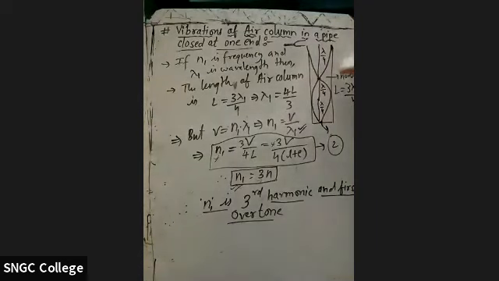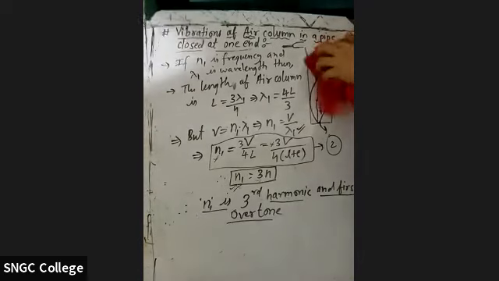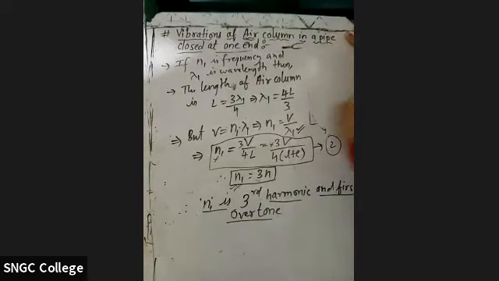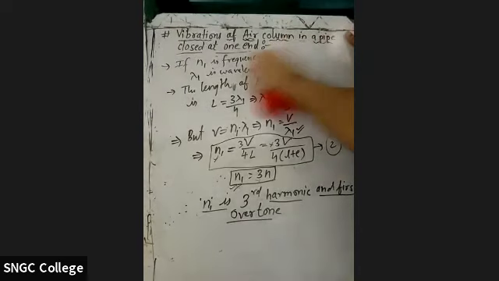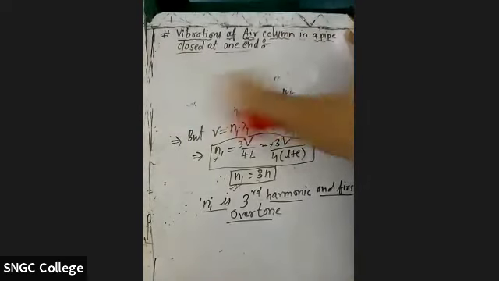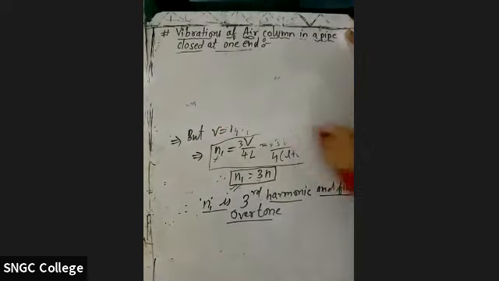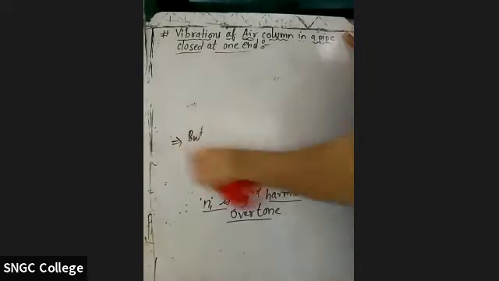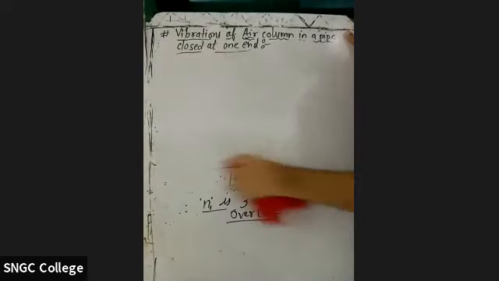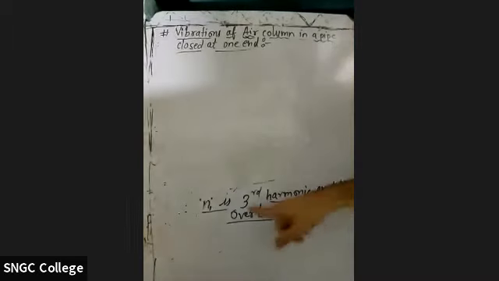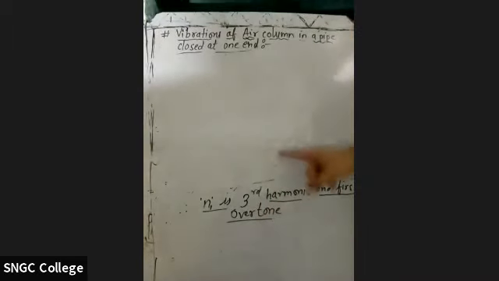Now we will see how we can generate 3 nodes and 3 antinodes. Okay, so this was our third harmonic and first overtone. Third क्यों? क्योंकि यहाँ 3n आया था.